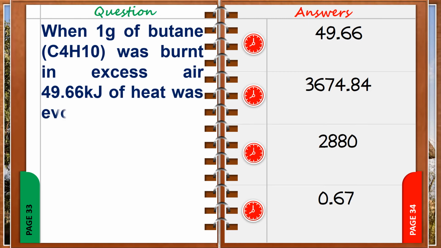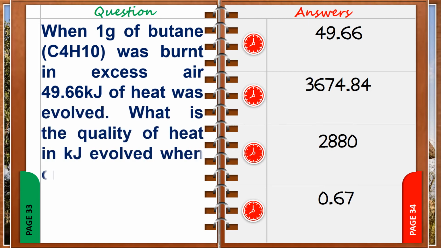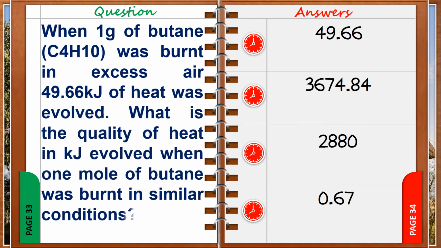When 1 gram of butane, C4H10, was burnt in excess air, 49.66 kilojoules of heat was evolved.